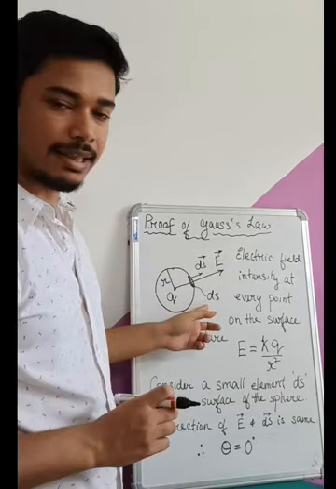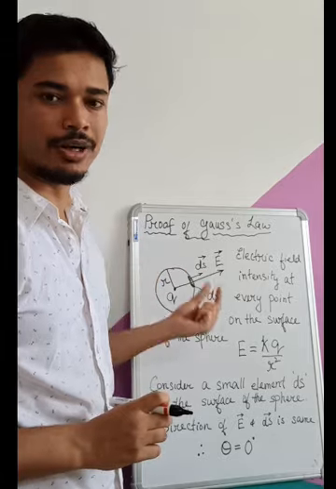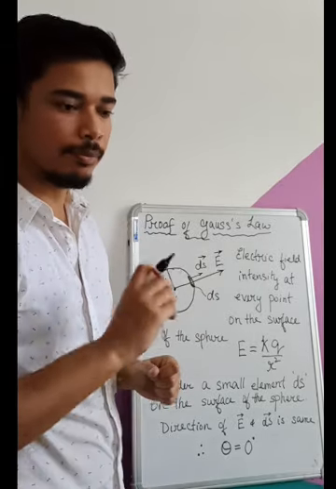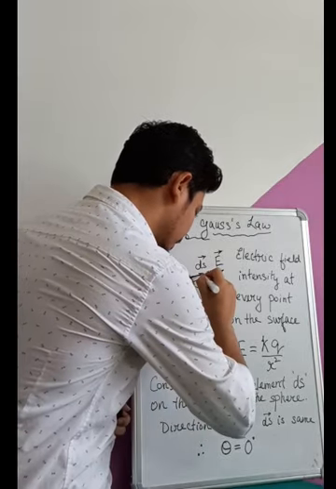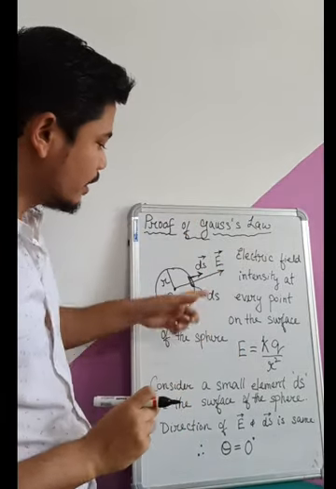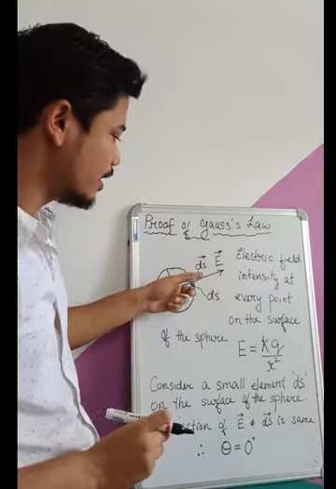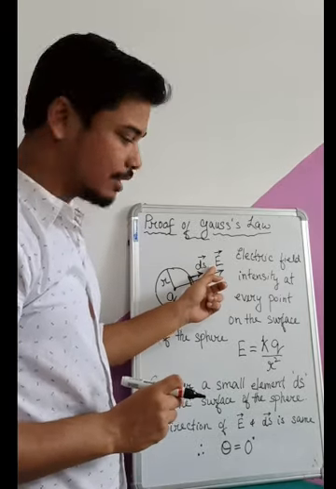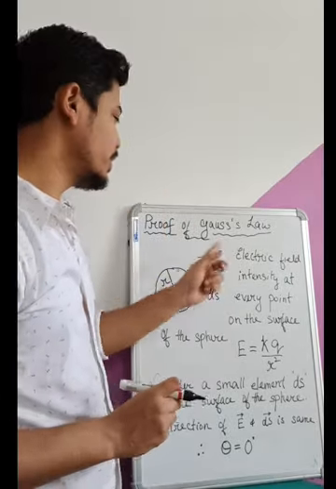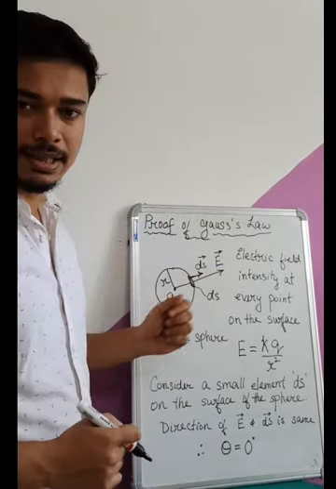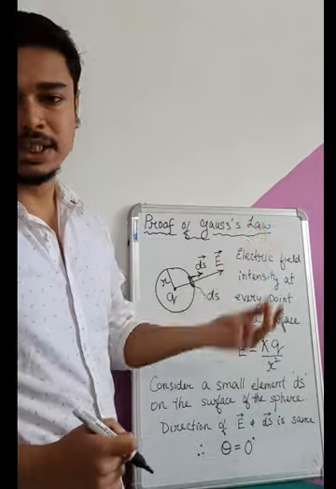Now what is the direction of the area vector for this small area element? That will be perpendicular to the surface, so we have the area vector for this element along this direction. This is the electric field vector, and this is the area vector for the element. What is the angle between E and ds? That is nothing but 0 degree.